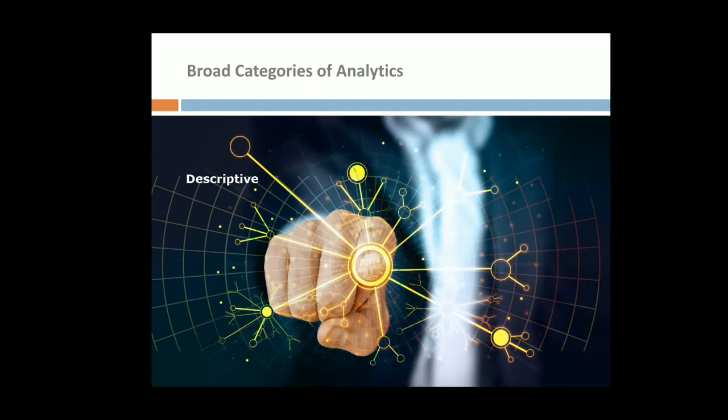We'll talk about descriptive statistics in more detail in one of the subsequent lectures. The other type of analytics is diagnostic analysis, where you try to diagnose a certain problem that you have found out from the data or the information that you have gathered.